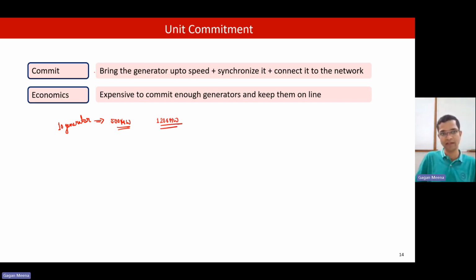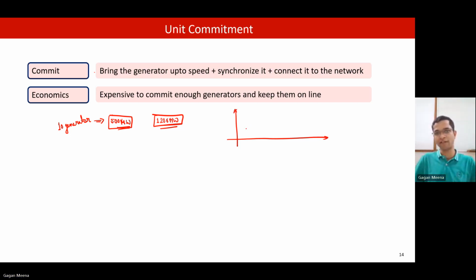Together, this is their aggregate minimum and maximum generation capacity. And over a day, as I have already drawn the load profile before, the load is not constant. It is always changing throughout the day.